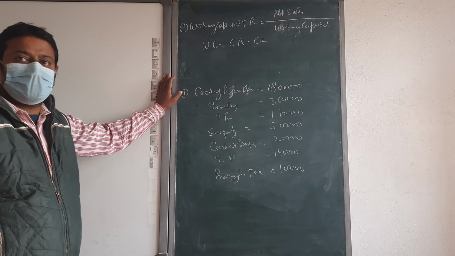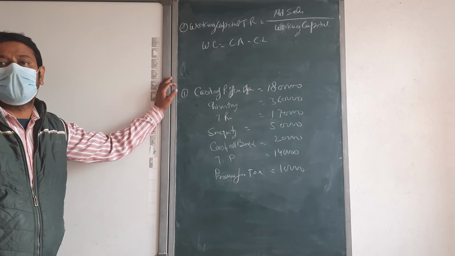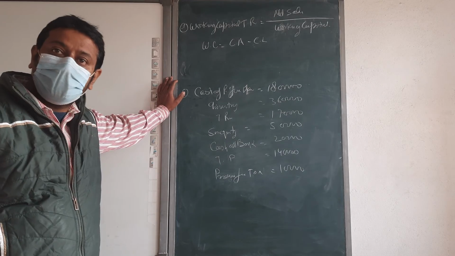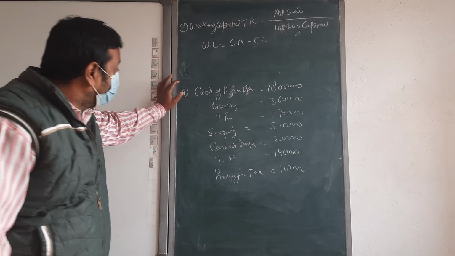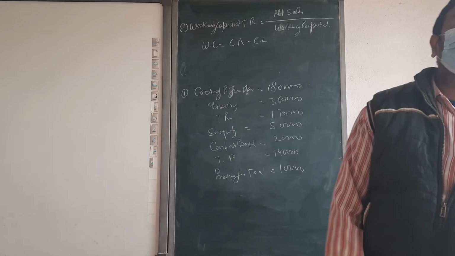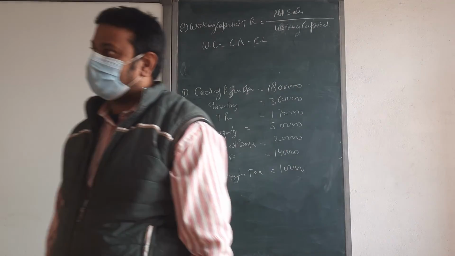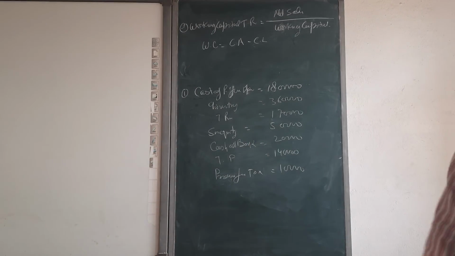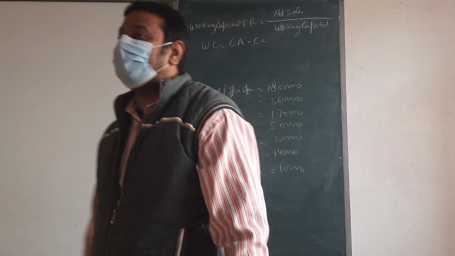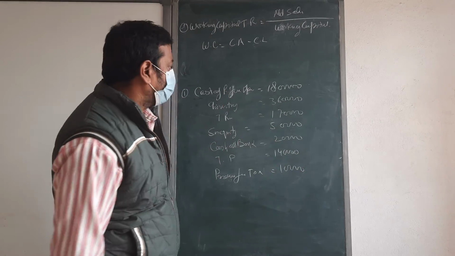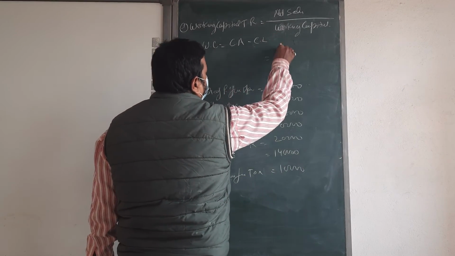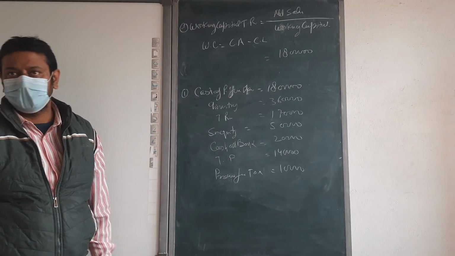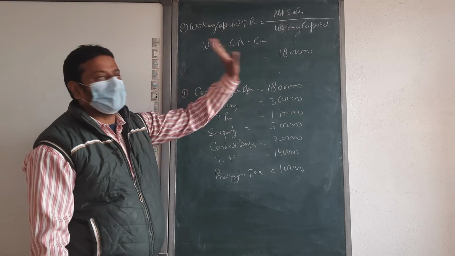It's old things, beta. In the absence of revenue from operation, we are going to utilize the cost of revenue from operation as revenue from operation. So in this formula, 18 lakh means net sale. Finished.